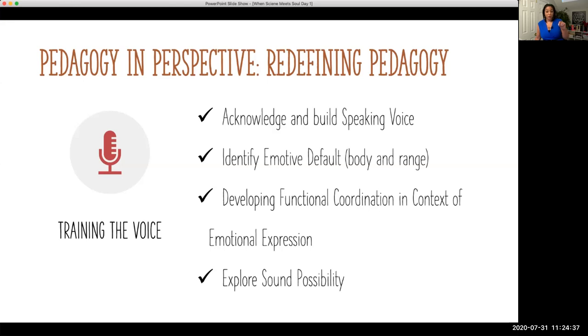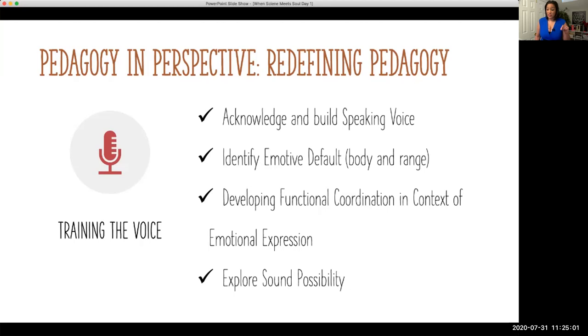To say, don't go to the speaking voice to train chest voice has more to do with being diagnostically specific about what it is you're doing. When I say I'm going to the speaking voice to build it, it means I'm acknowledging where it is now. Period.